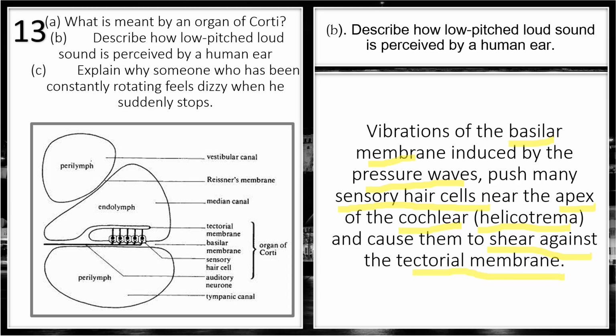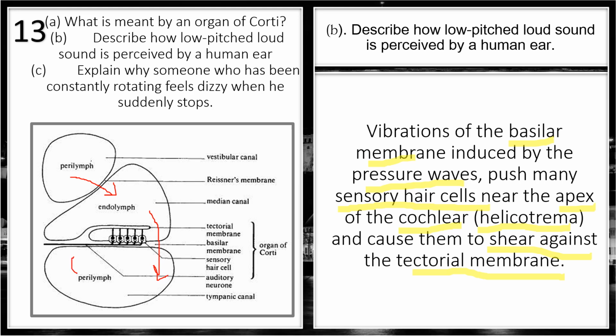So we have seen that the vibration was coming from the vestibular canal. It is passed on to the middle canal. From the middle canal, it is passed into the tympanic canal.